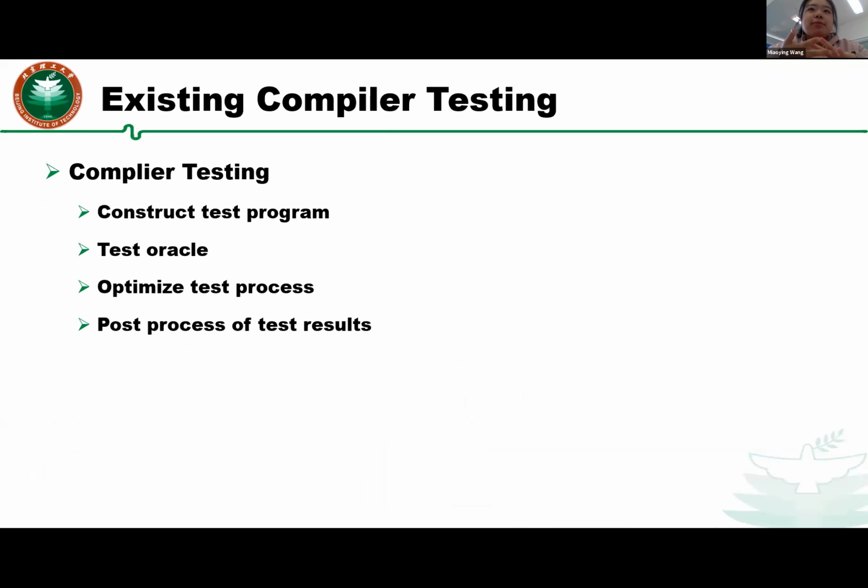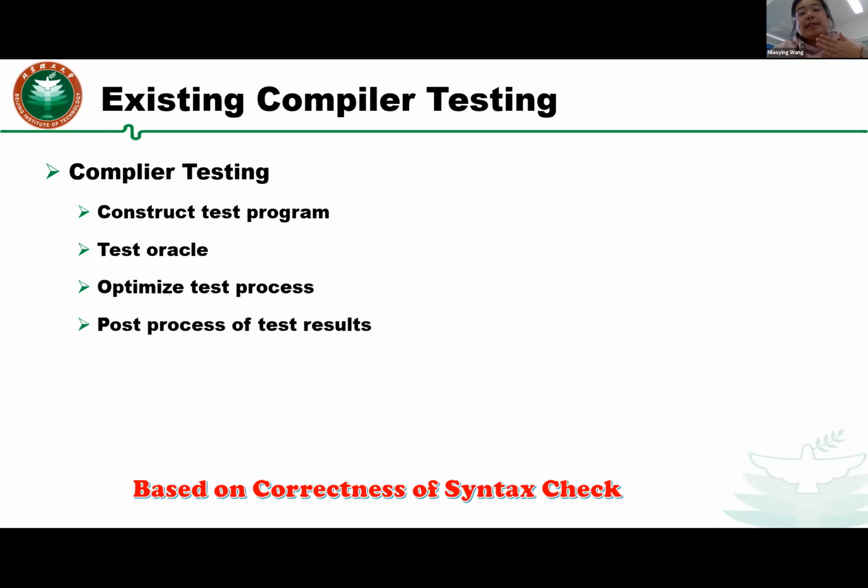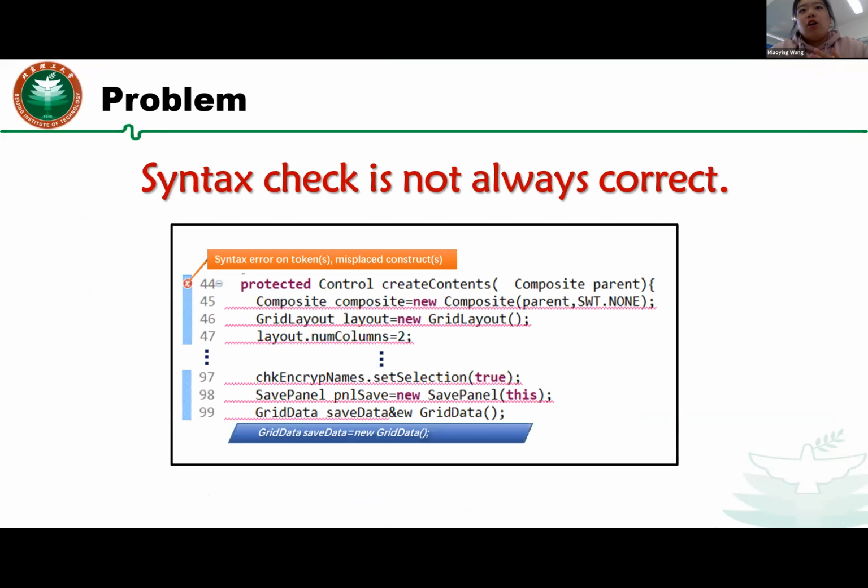Nowadays, existing compiler testing is divided into 4 parts: constructing test programs, test oracle, optimizing the test process, and the post-processing of test results. All of them are based on the correctness of syntax check. However, syntax check is not always correct.